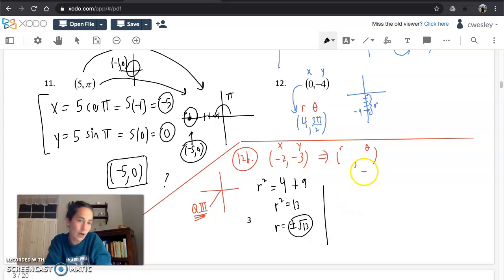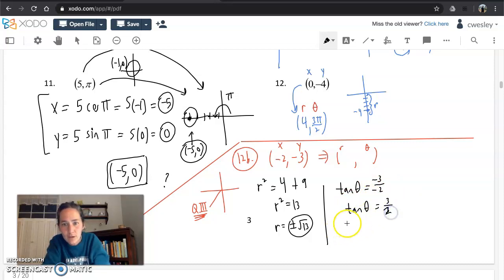Theta comes from the tangent, right? Tangent of theta is going to equal the ratio of the y to the x. Right? So -3 from the original point over -2. I need the arctangent, or the inverse tangent, of 3/2. So we'll say tangent inverse of 3 over 2. Think about it. The calculator is going to give me an answer that's hopefully either in quadrant 1 or quadrant 3.